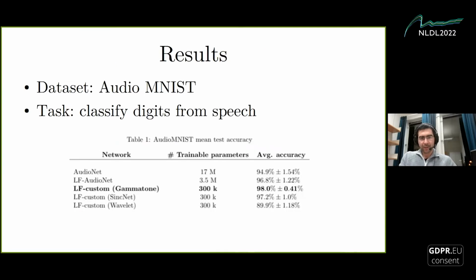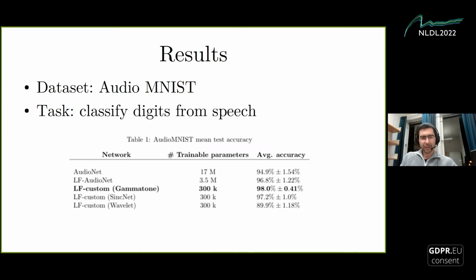Okay. So first, the result on accuracy. There's just one slide to say that this approach is, let's say, as good as a standard CNN. What could a standard CNN do?